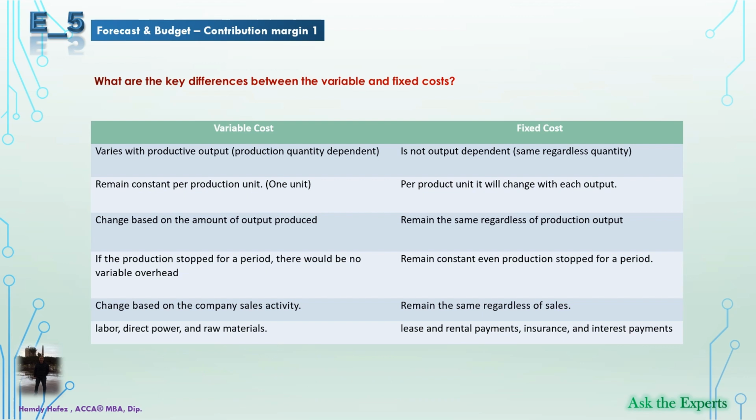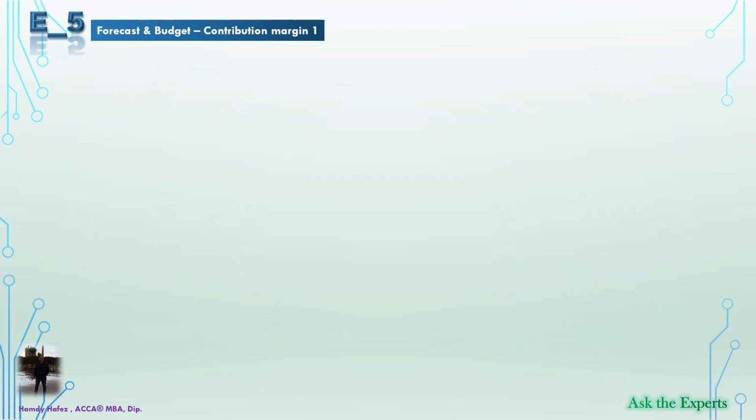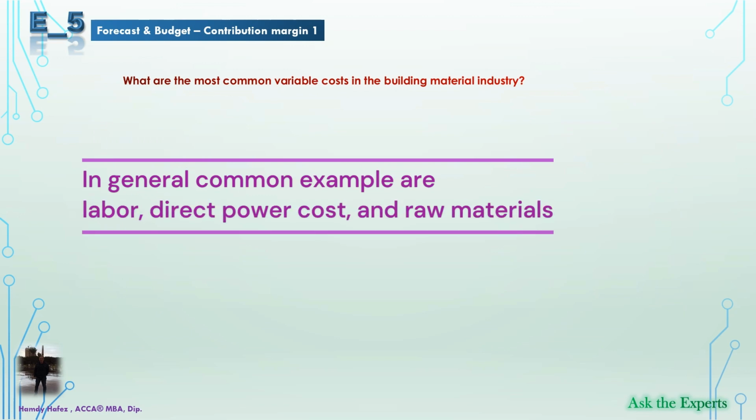Do you want to know some examples of variable costs? Let's discuss the most common variable costs in the building material industry. In general, the most common examples are labor, direct power cost, and raw materials.